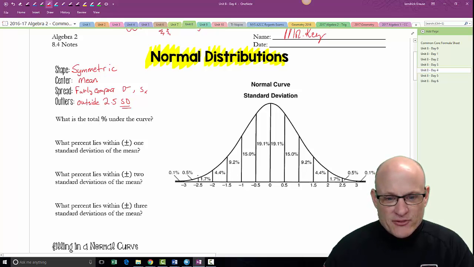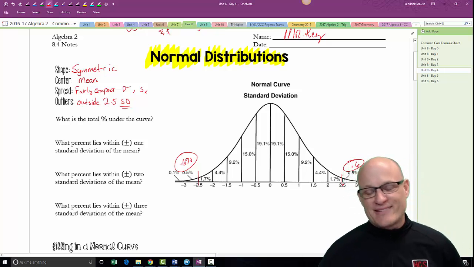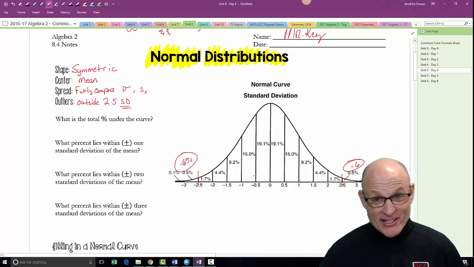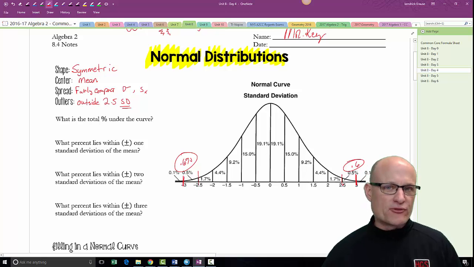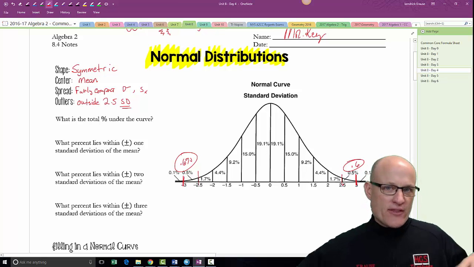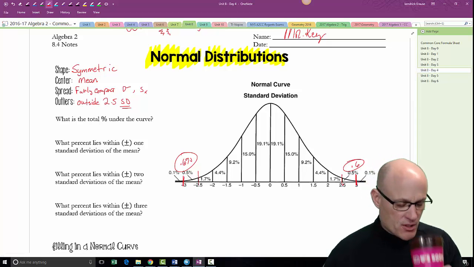That would be out here in the 0.6% range, or over here in the 0.6% range. So if you're out there in those 0.6% ranges, you're sort of freaky tall. Maybe I should use 3. It really doesn't matter. We'll still use the 1.5 times the IQR for most of these to see if we do have any outliers. Because even though something's normally distributed, you still can have outliers that are trying to mess things up a little bit.